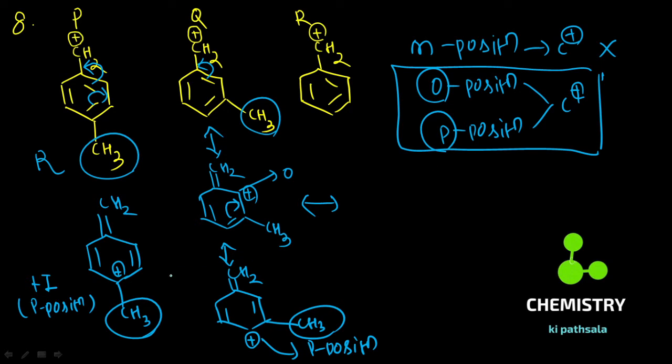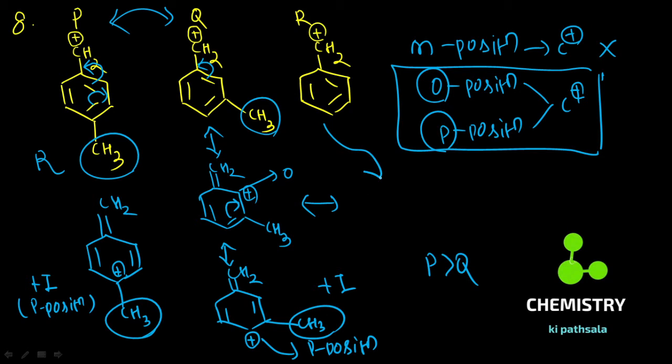So in the case of P and Q, this CH3 acts as a plus I effect, but since there is no formation of positive charge at the meta position, it will be less stabilized compared to the CH3 group present at the para position, because that stabilizes the carbocation at the para position. So clearly P is greater than Q.